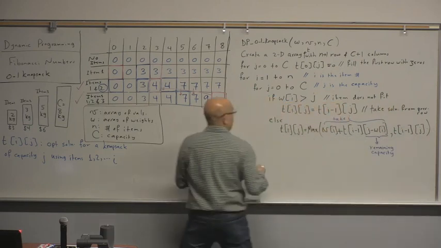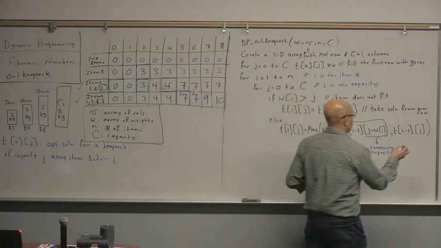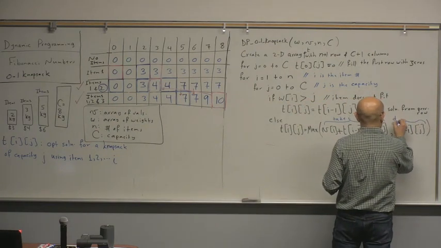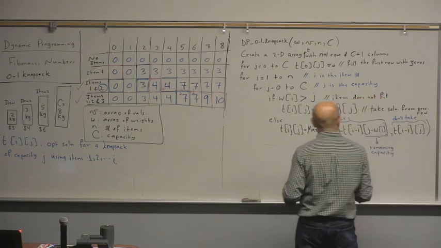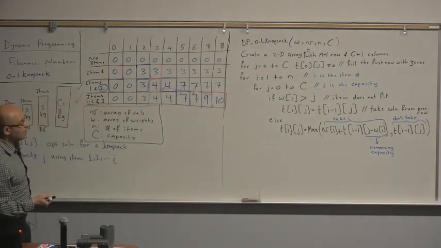So we're taking the max of take and not take. So this is don't take. Okay, so this is the algorithm.